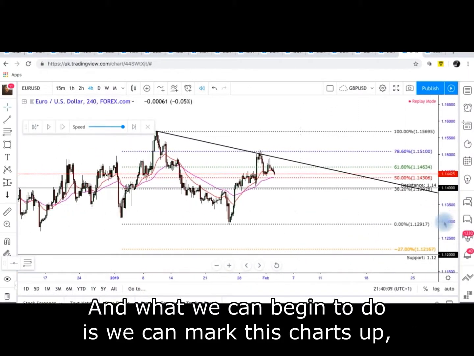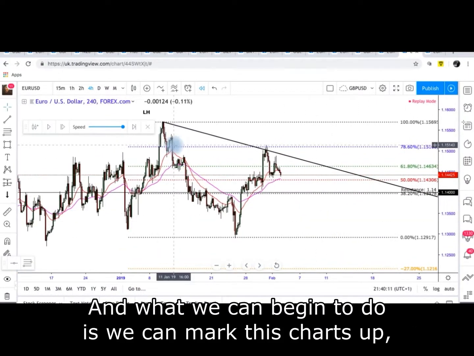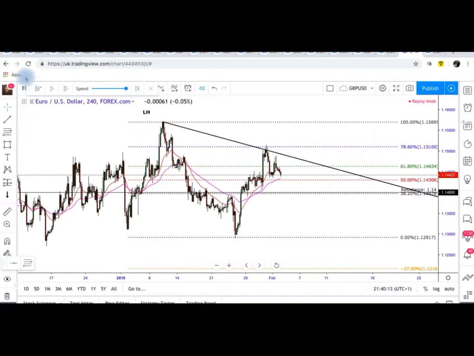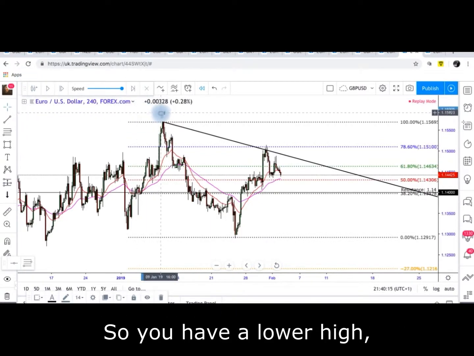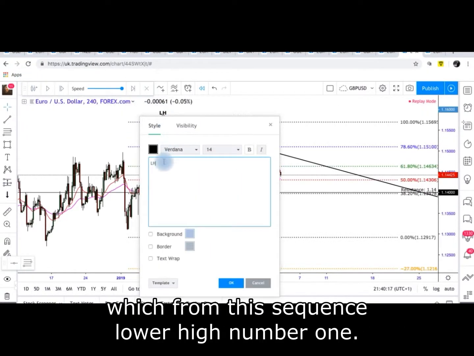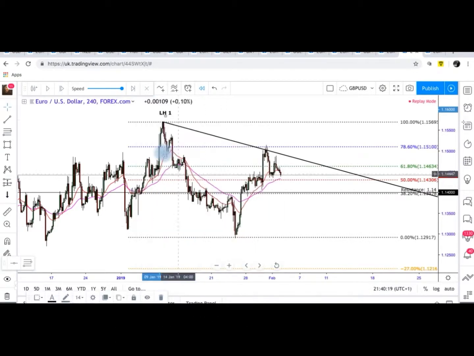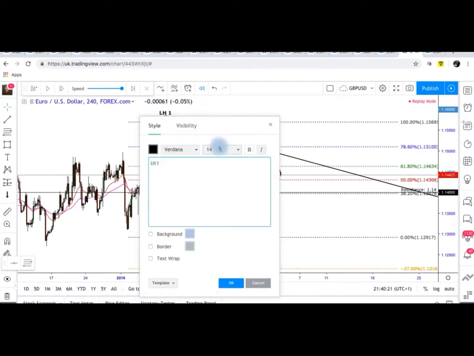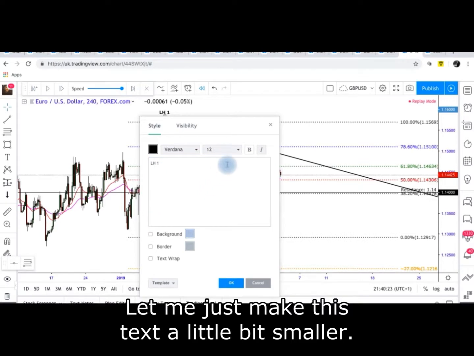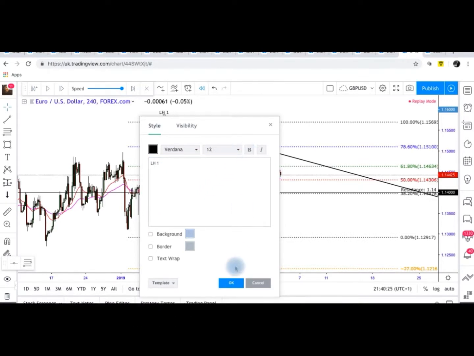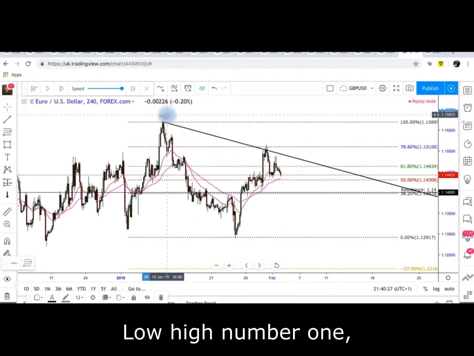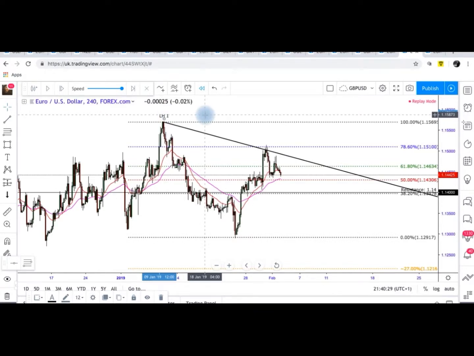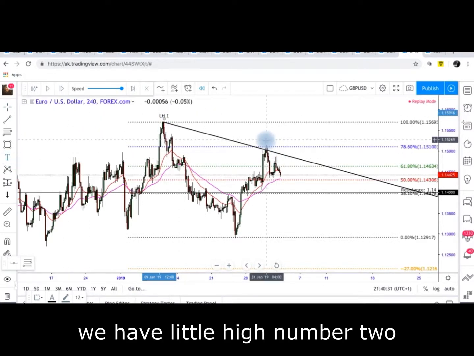And what we can begin to do is mark this chart up so we understand what's going on. So we have a lower high, which from this sequence is lower high number 1. Let me just make this text a little bit smaller. Lower high number 1. We have lower high number 2.